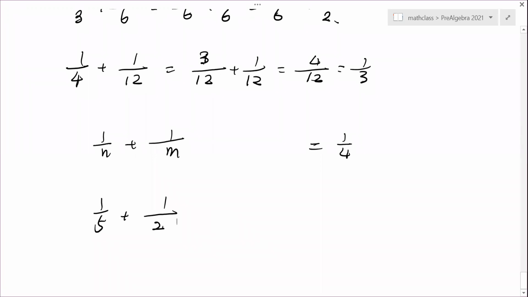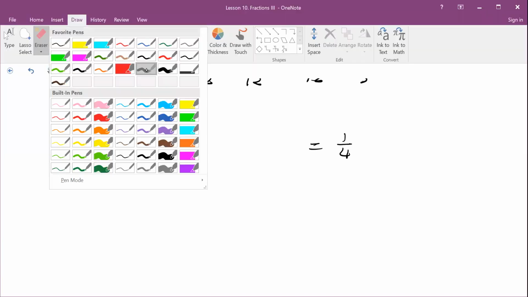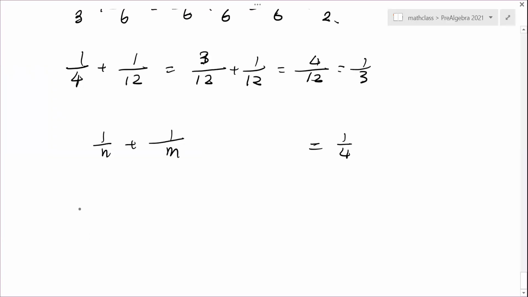Yeah, let's see, we get 1/3. I'm going to try to get 5, so I'm going to put a 6 here. Yeah, I'm trying to get 1/4, right? I'm going to use a 5. If you want to guess and try, I don't think it takes forever to get it. Okay, so we have to find a way.